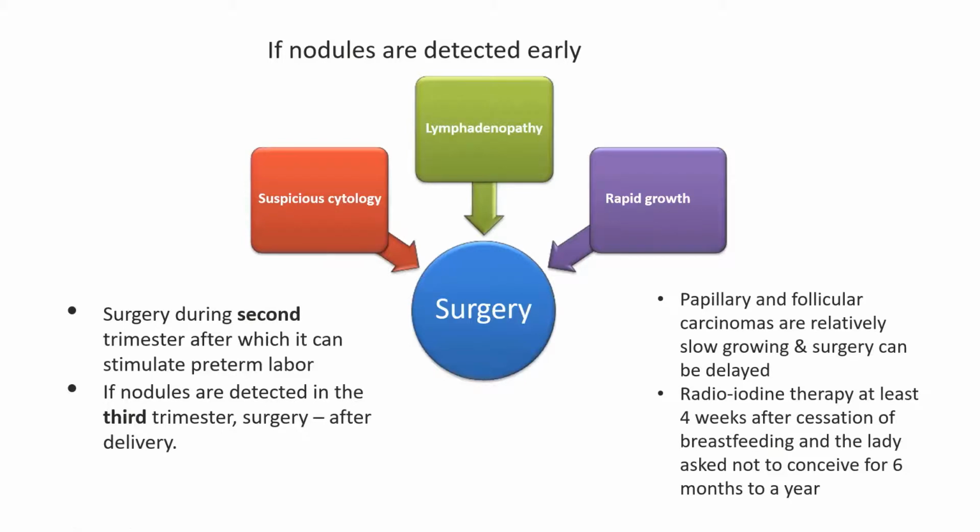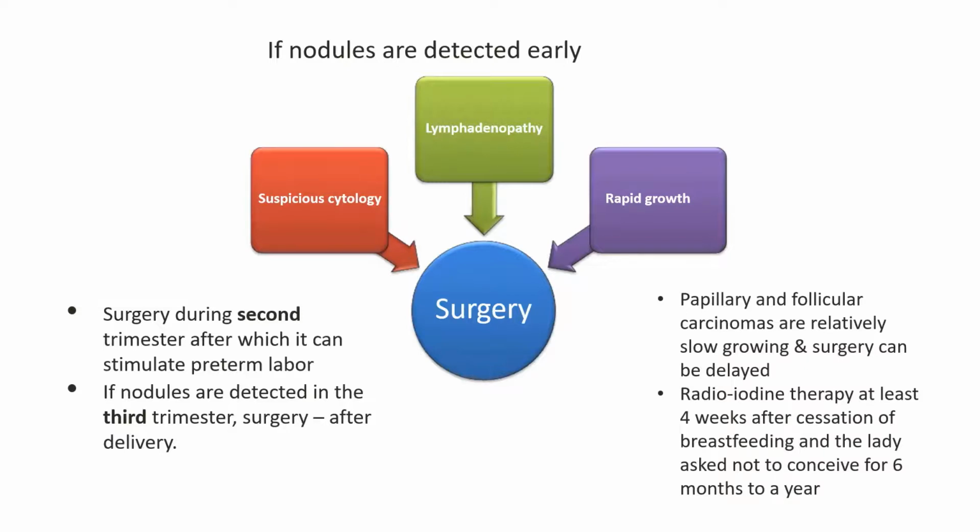Once the lady decides to stop breastfeeding the baby, you have to wait for another 1 month and then allow the radioiodine therapy to take place. Why? Because the breast tissue has become so primed with receptors that if you give radioactive iodine during breastfeeding, or up to 1 month after breastfeeding is stopped, all the radioiodine will be taken up in the breast tissue rather than the thyroid tissue.